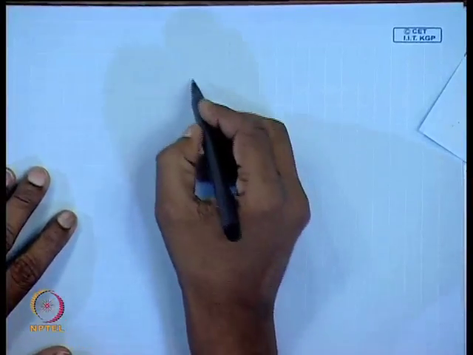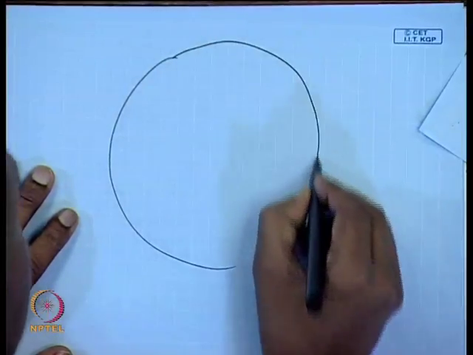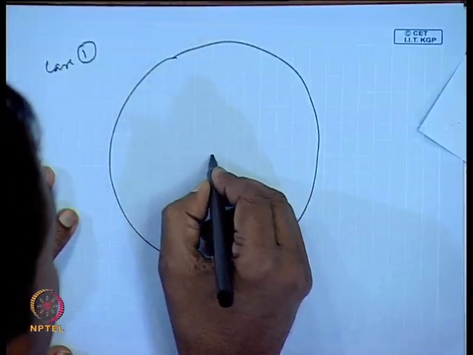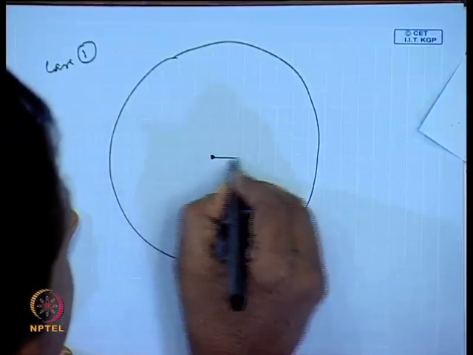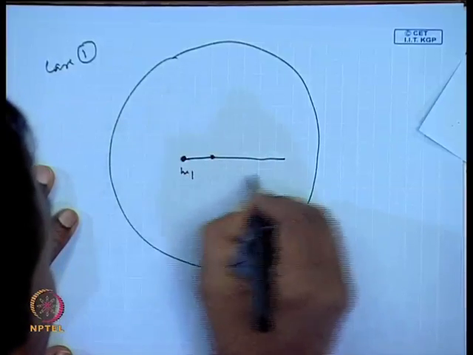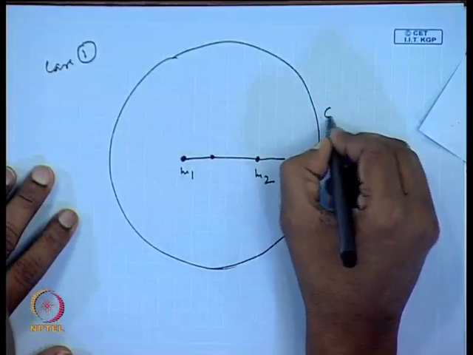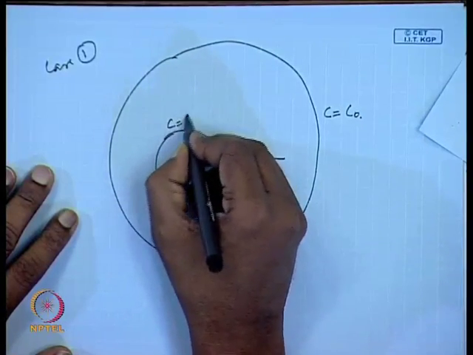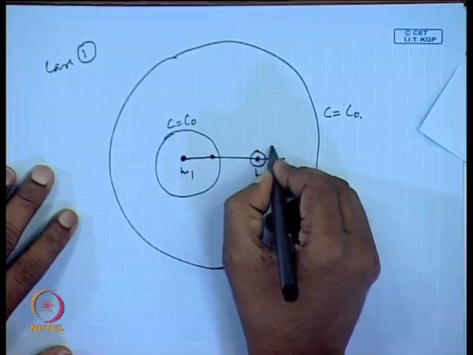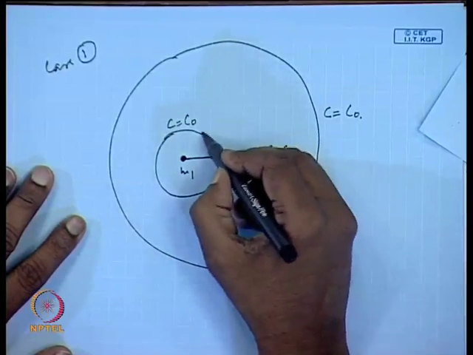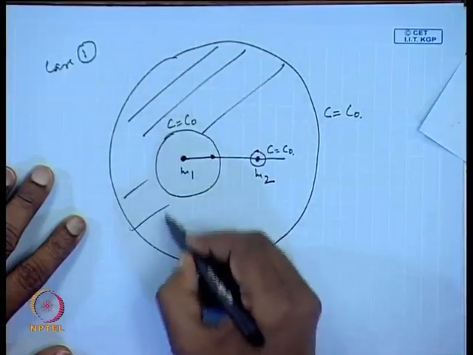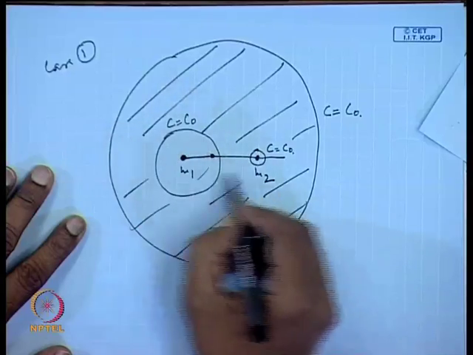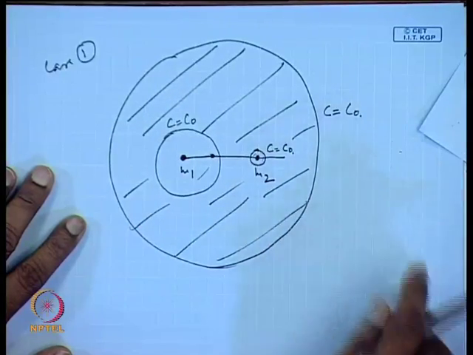So, case 1 can now be shown as: we have two masses here, m 1 and m 2, and this is c equal to c 0, and here also you have c equal to c 0, and then there is a circle of a small radius c equal to c 0, and you will see that inside this the v square becomes negative. So, this region is not permitted. So, the particle can exist either in this space or outside this.